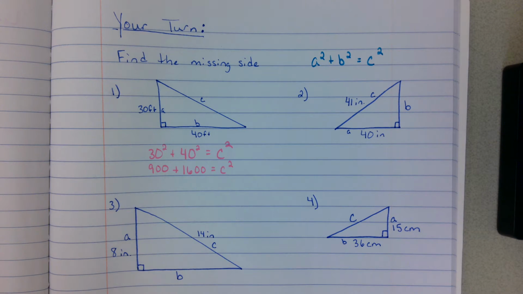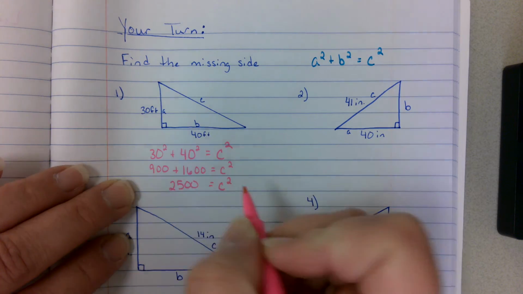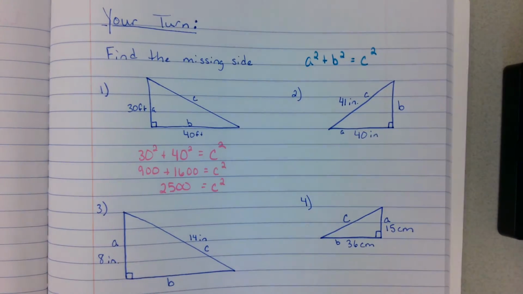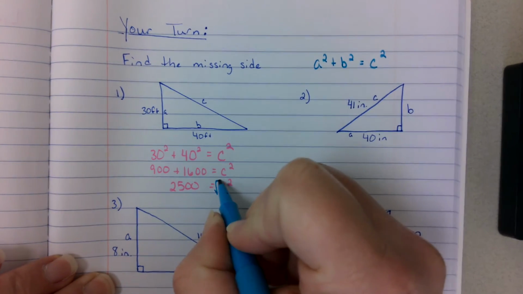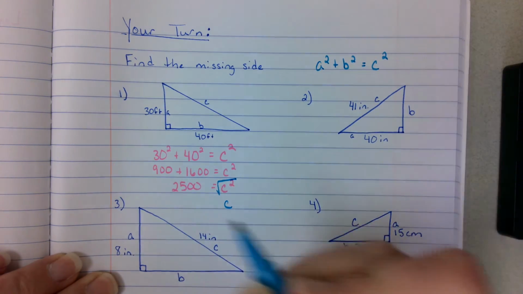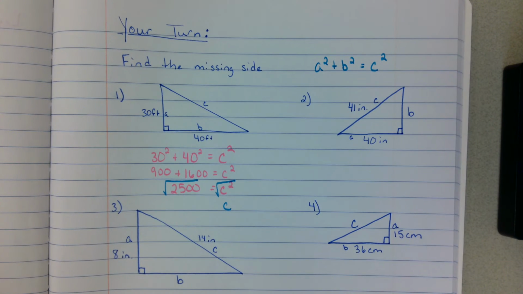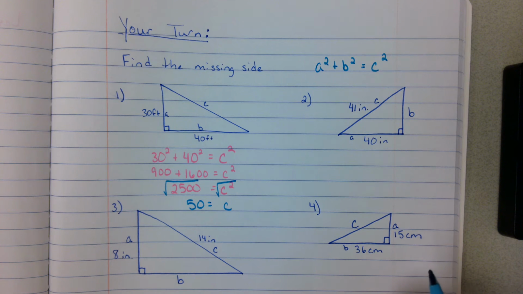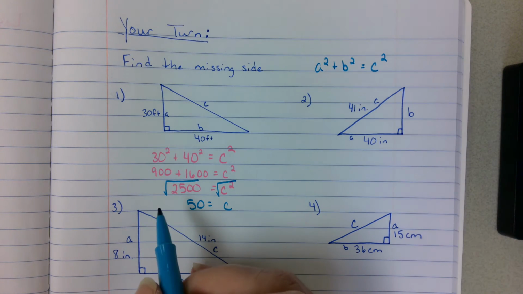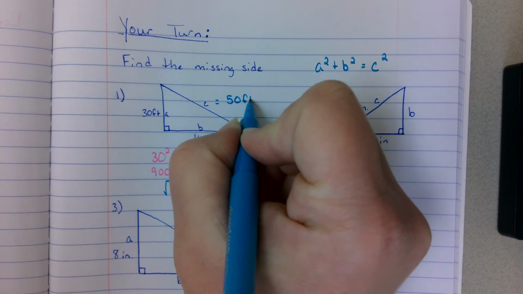And then we need to add our 900 and our 1,600, and we get 2,500 equals c squared. Now we've got to take the square root of c squared to get c, and we need to take the square root of 2,500, and that's 50. Okay, so the length of c is 50 feet.